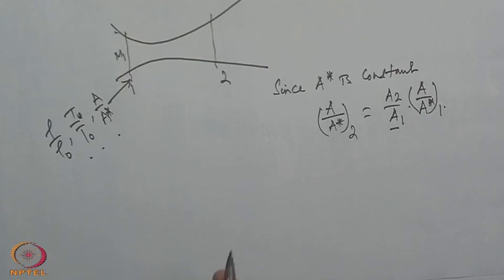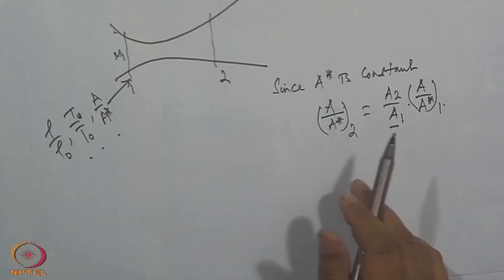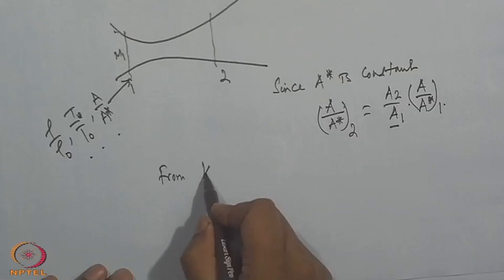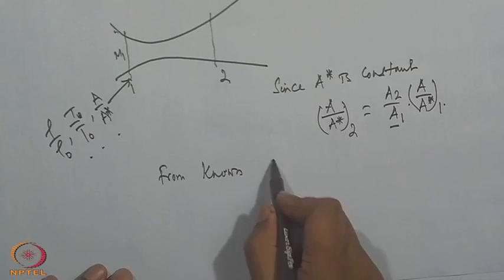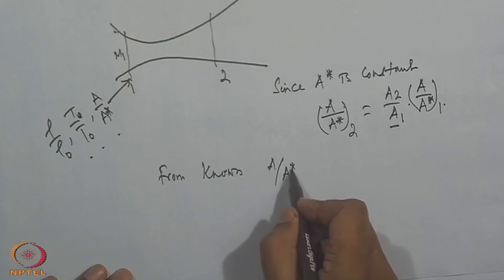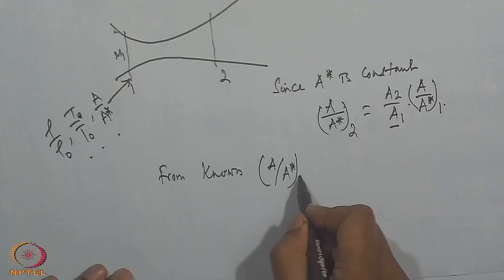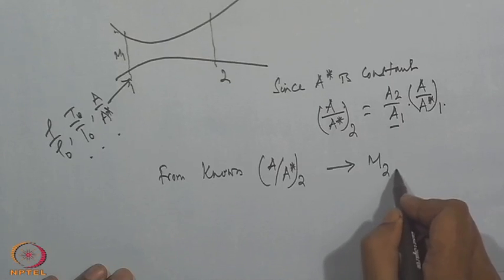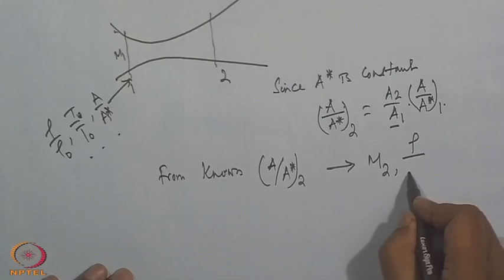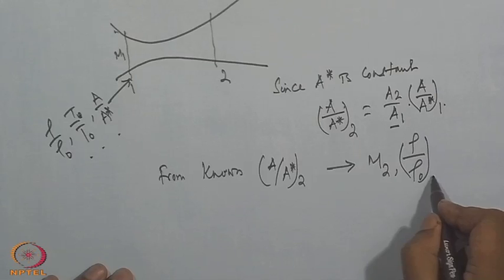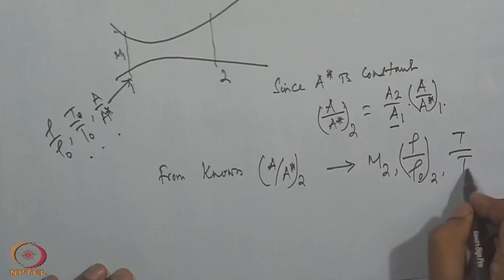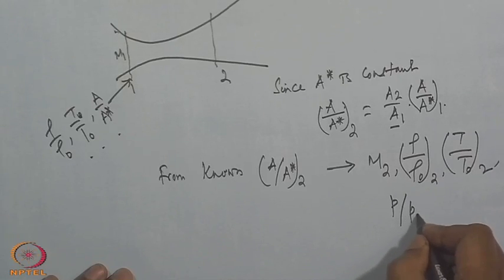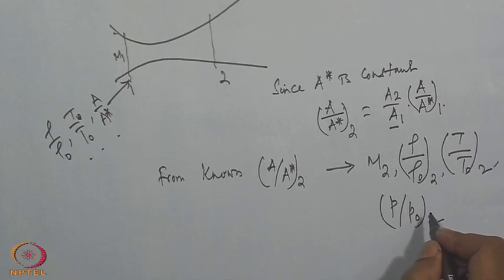Since A 2 by A 1 will usually be known, we find A by A star. Now, from known A by A star at 2, we get the other parameters: M 2, rho by rho 0 at 2, T by T 0 at 2, P by P 0 at 2.